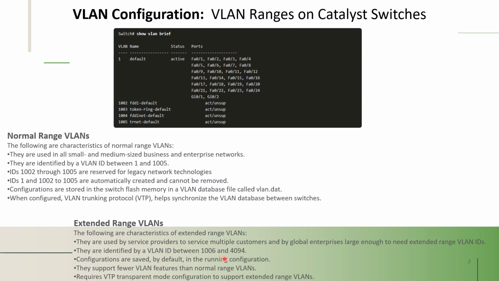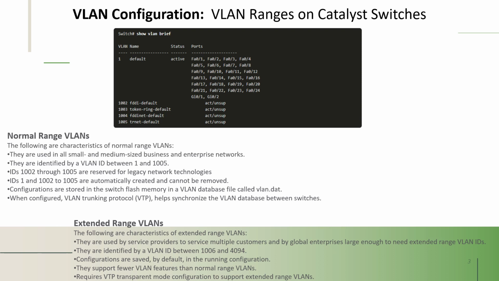Here is the range of these extended range VLAN IDs. Their configurations are saved by default in the running configuration. They support fewer VLAN features than normal range VLANs, and they require DTP transparent mode configuration to support this extended range of VLANs.